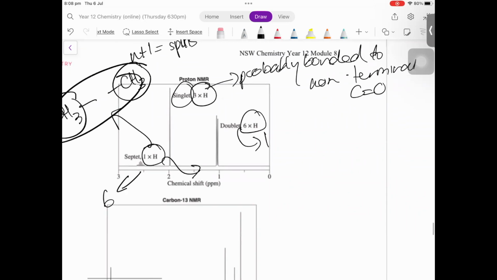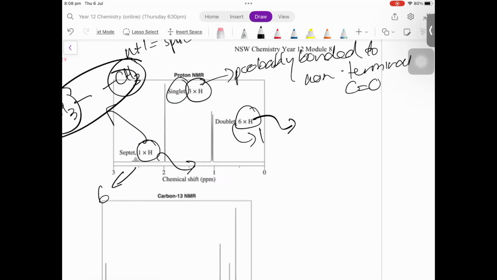COO. And then this one's a doublet and it's 6. So there are 6 hydrogens with the same environment. With 6 hydrogens in the same environment, there can only be a maximum of 3 hydrogens on each carbon.